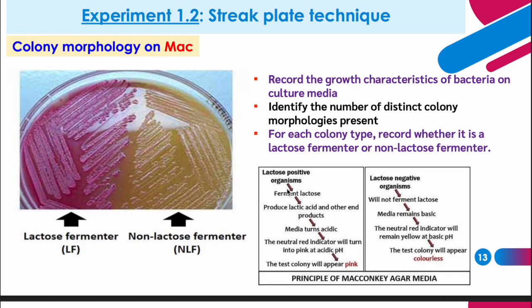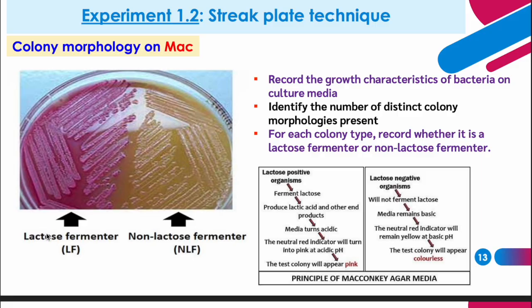Another plate is the MacConkey agar. So for this one you have to record the growth characteristics of the bacteria on the culture media as well. Identify the number of distinct colony morphologies present. And for each colony type, you have to record whether it's a lactose fermenter or non-lactose fermenter.